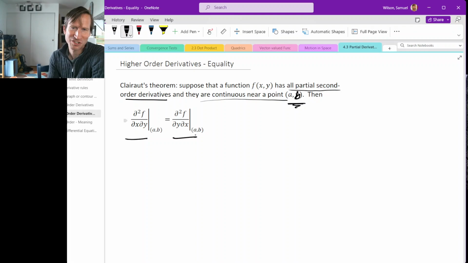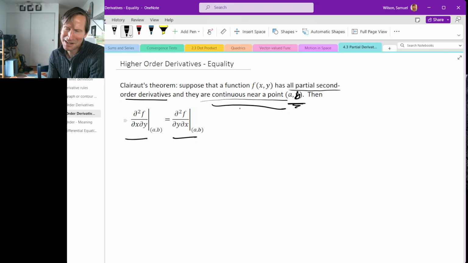If you look at the assumption of Clairaut's theorem here, that all second order partial derivatives exist and are continuous, most times when we write down formulas for functions, they are continuous everywhere they're defined, right? So this is almost always the case, and certainly in all practical situations coming from, say, physical examples or even most mathematical examples, Clairaut's theorem will apply, and so these mixed partials will be equal to each other.